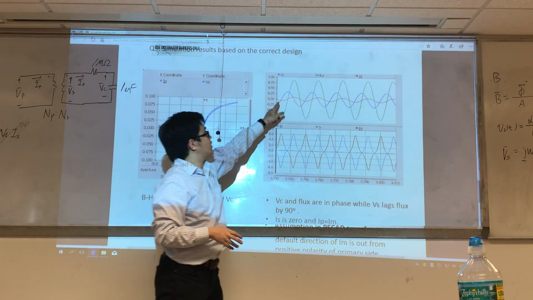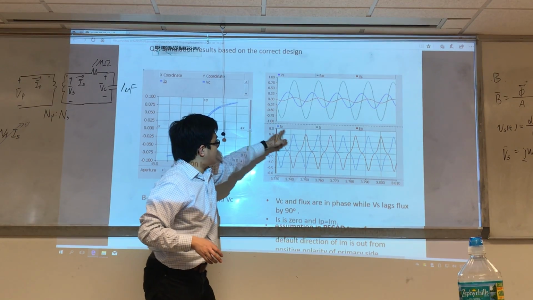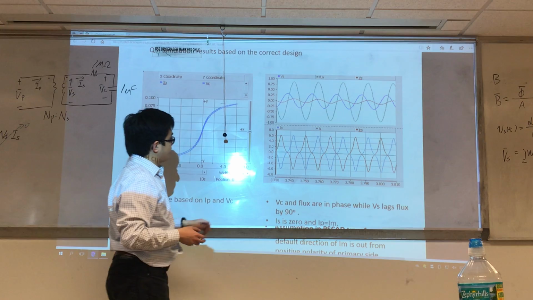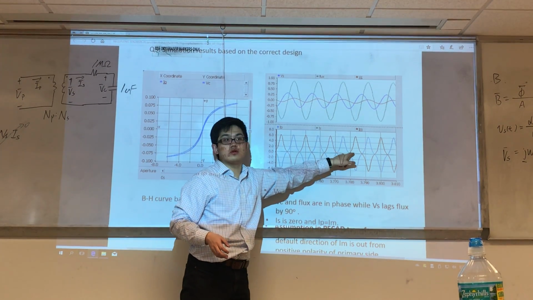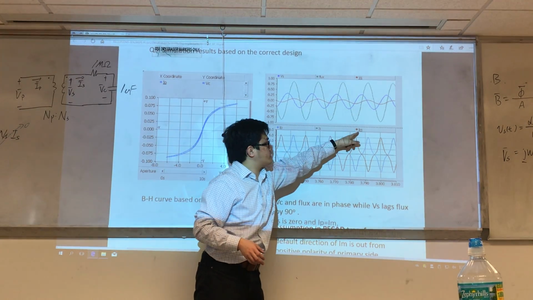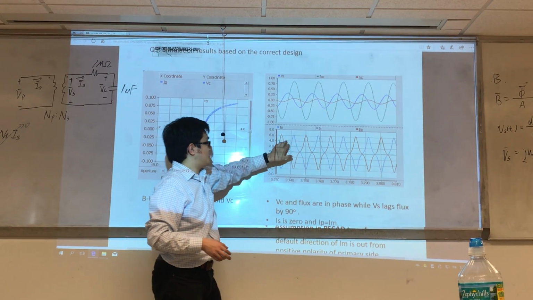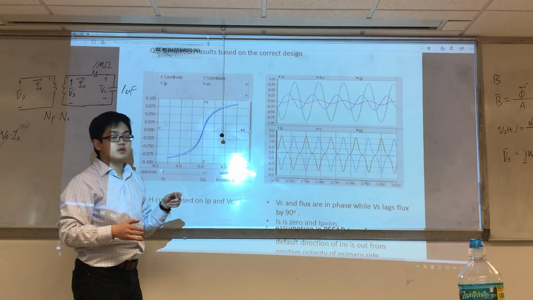So that's why we cannot use this voltage. And for your primary side, secondary side, and magnetizing current, you can see your IS is almost 0. We can ignore that, and your IP equals your IM in magnitude, but it has a 180 degree phase shift.